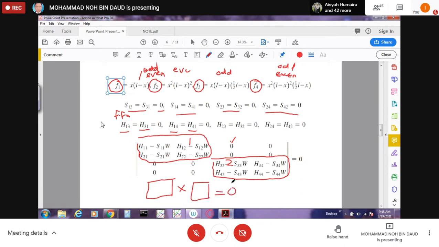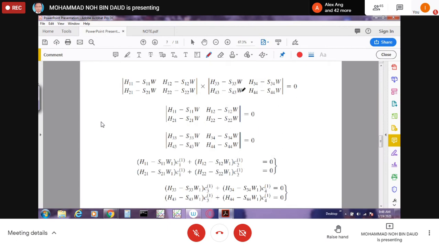This is how we solve these two blocks of matrix, these determinants. We can solve each of these blocks. We have actually reduced this 4 by 4 matrix to two matrices with 2 by 2 blocks, which can easily be solved.